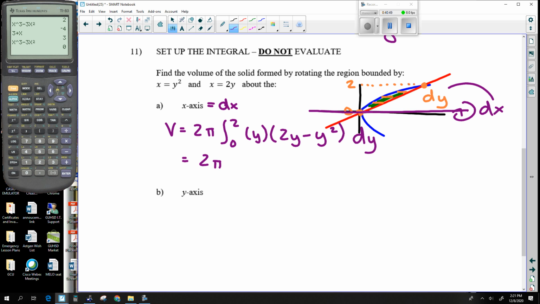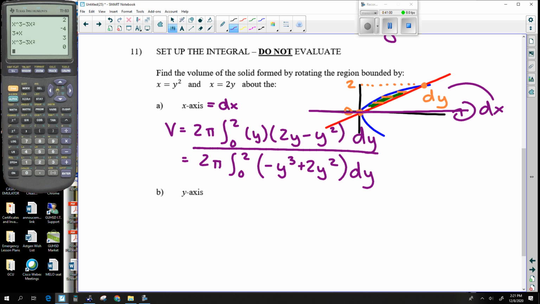So this is 2 pi integral 0 to 2 of negative y to the third plus 2y squared. I don't know if you have to take that last step there, but that's what you can do. Long story short, it's right. Again, they don't tell you to integrate it. They don't tell you to get an answer, so don't.